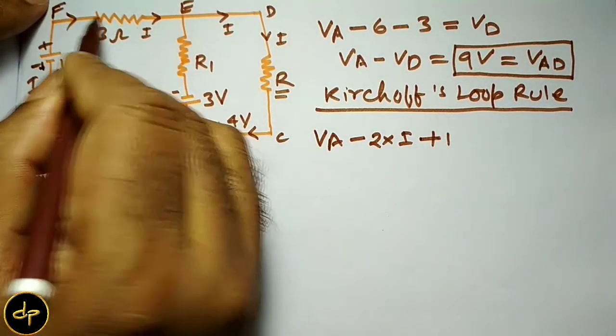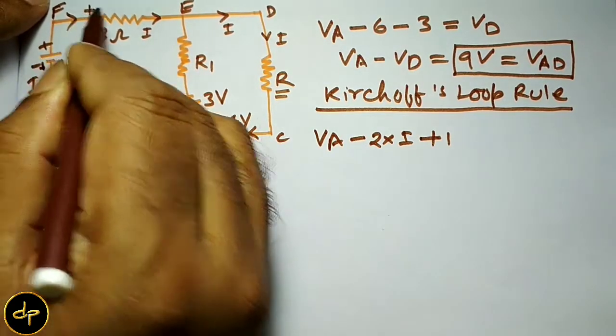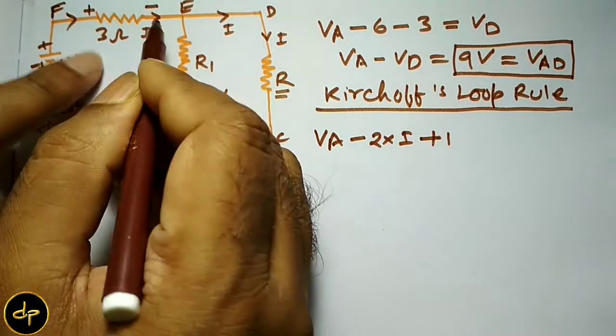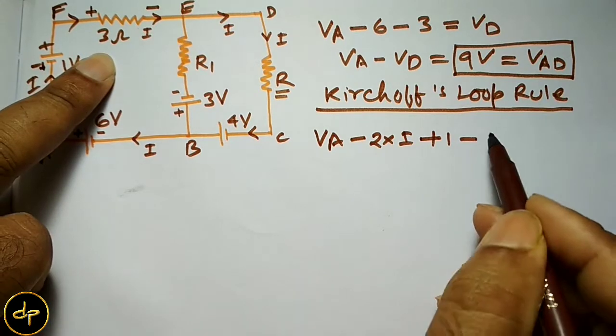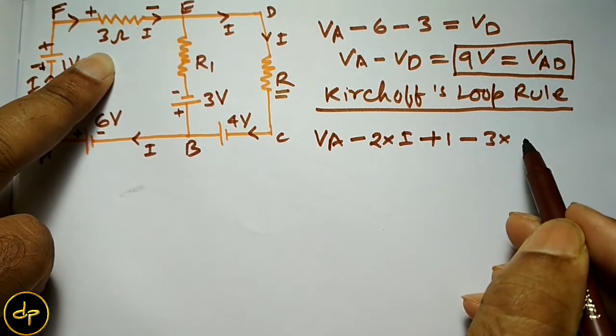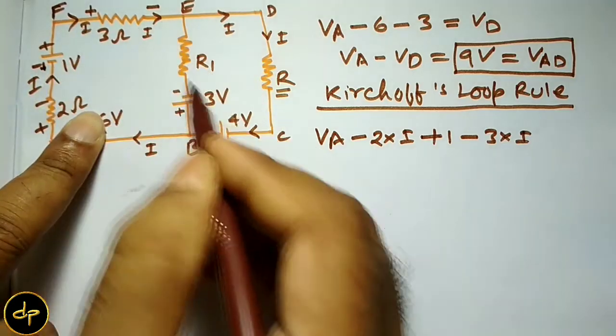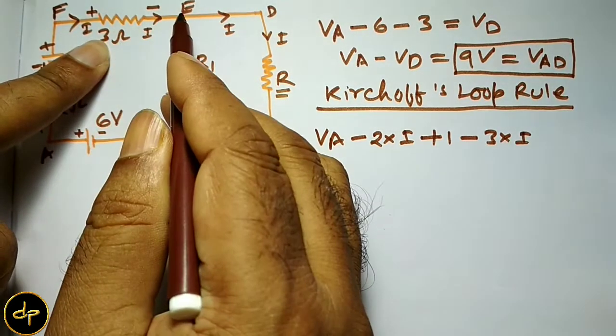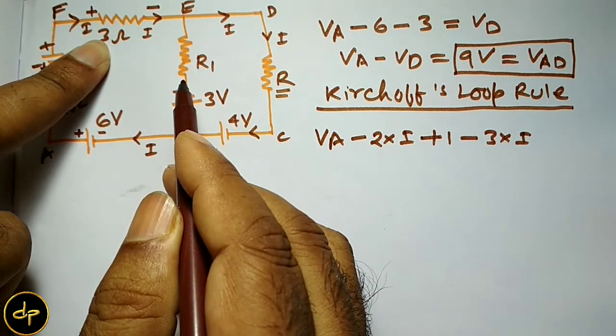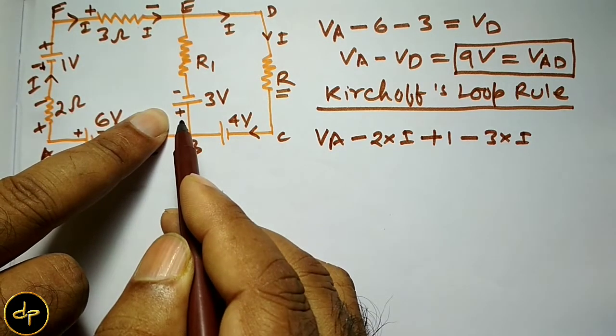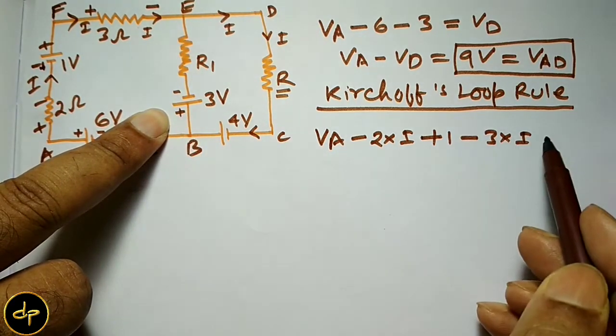Then the same current is flowing this way, which means this is positive and this is negative, so there is a potential drop of minus 3 into current I. The same current I is flowing in this line, and then here there is no current, so there is no drop.